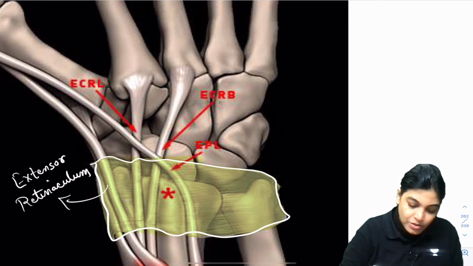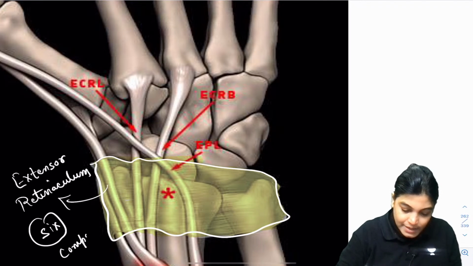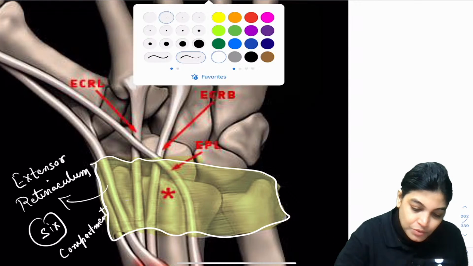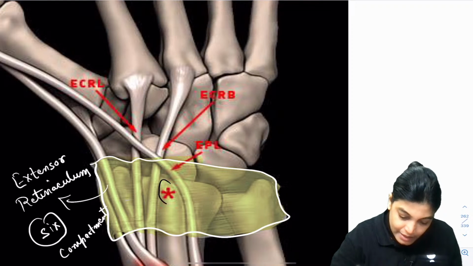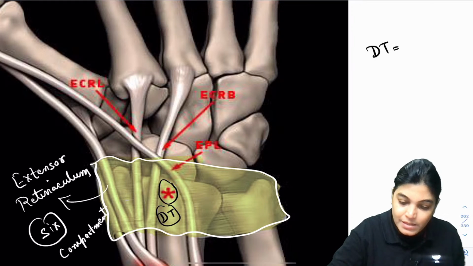Below the extensor retinaculum, we have 6 compartments in which the extensor muscles pass. Now, firstly we have to know what this star-colored structure is. It is DT. What is DT? DT means distal tubercle, distal radial tubercle or Lister tubercle.